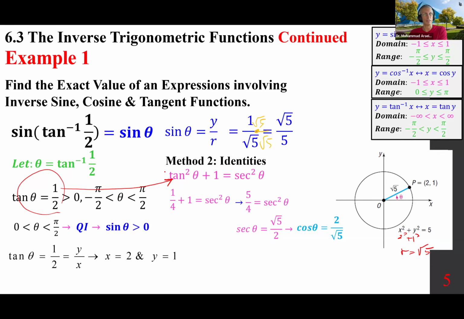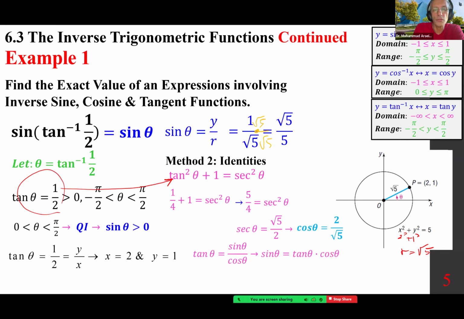Again, we are using identities. We know tangent is sine over cosine. If tangent is sine over cosine, then sine is the product of cosine and tangent.